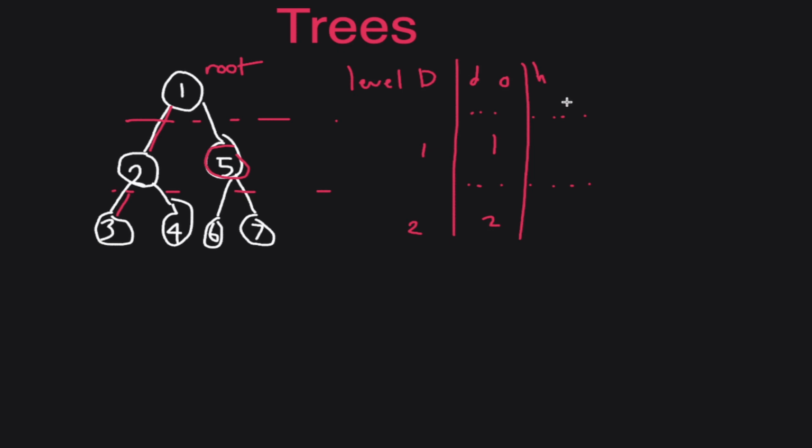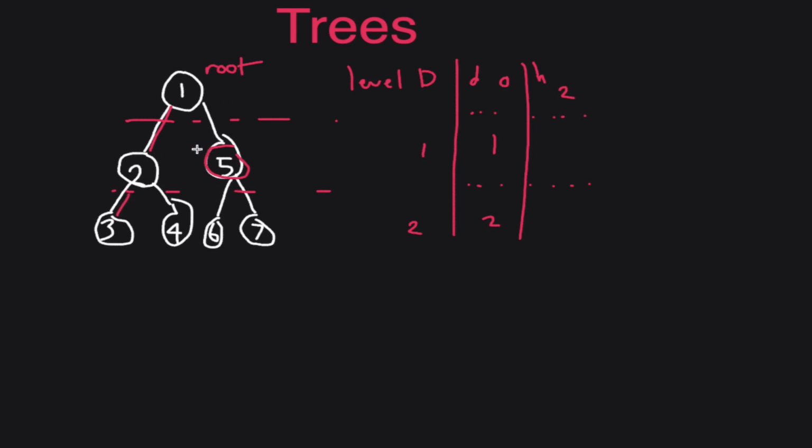The height is the number of edges in the longest path from the node to a leaf. If we're considering this root node, it has a height of 2, because the longest path from this node to a leaf has 2 edges.